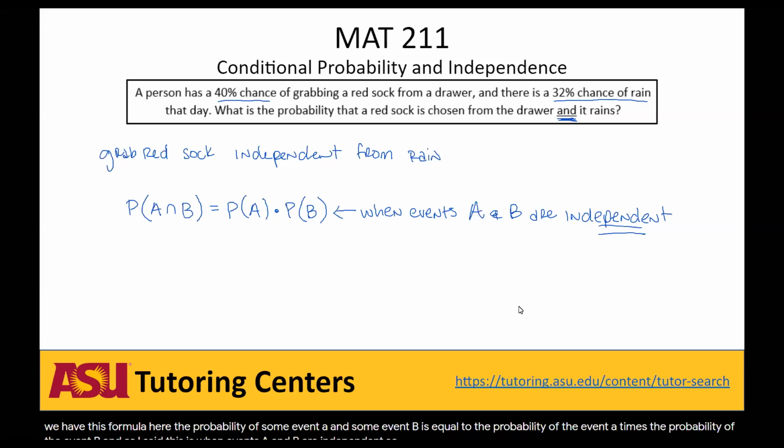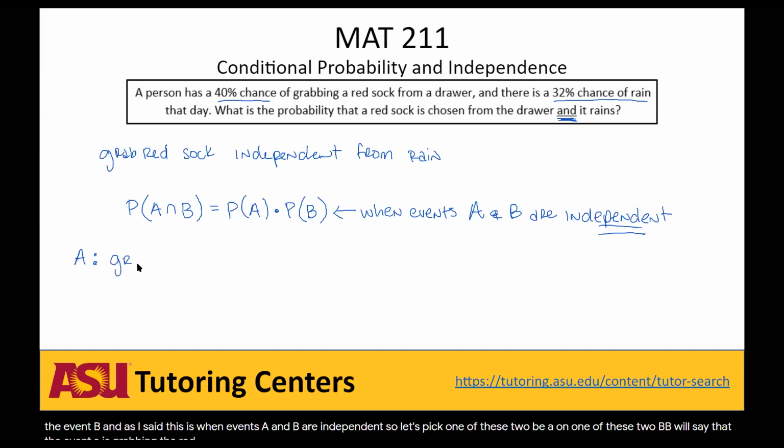So let's pick one of these to be A and one of these to be B. We'll say that the event A is grabbing the red sock. Therefore, we know that the probability of A is going to be equal to 40% or 0.4.